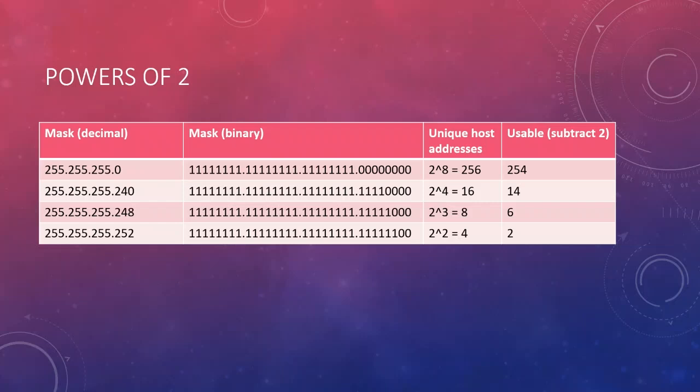If they give you a mask of .248, there are 8 IP addresses, but typically only 6 are usable. The smallest one and the largest one are the ones that are unusable. If they give you a mask of .252, which is about as small as you can go, you're only going to end up with 2 usable IP addresses. So even if all you want is 1 public IP, you're typically going to get something like that.